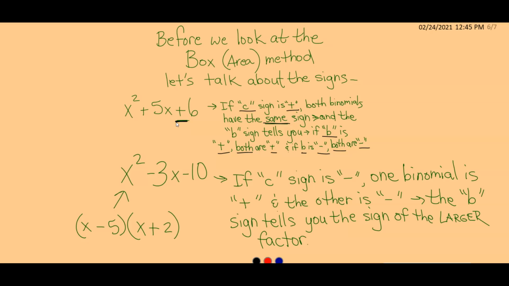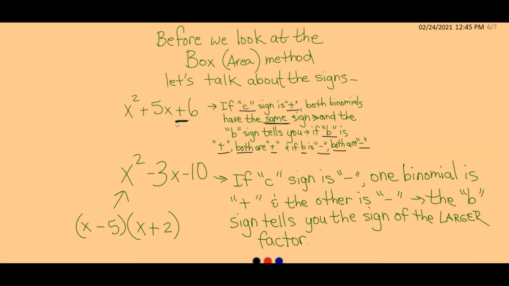How do you know that? Because two negative numbers multiplied together give you a positive number, and two positive numbers give you a positive number when you multiply them together, right?